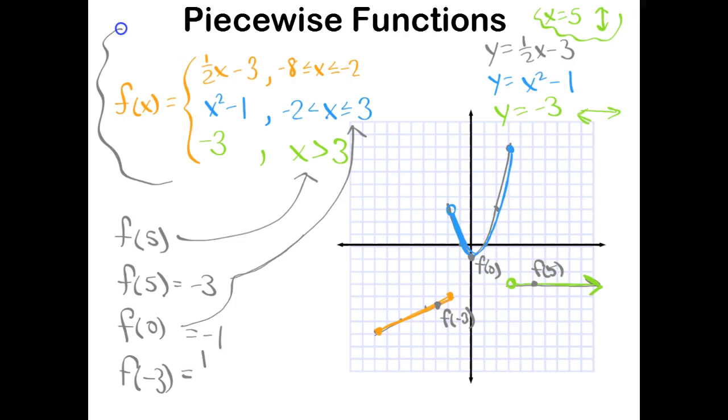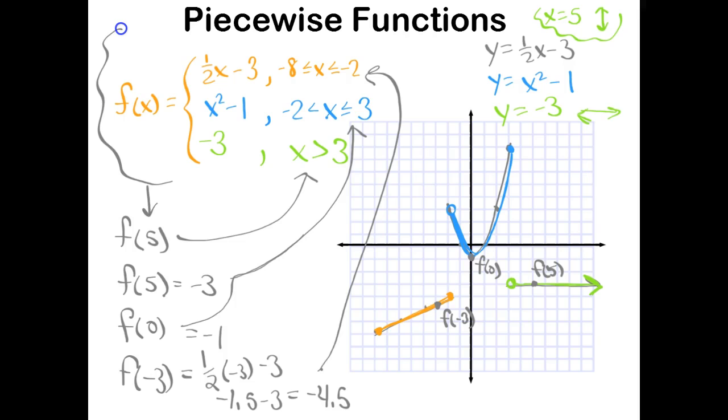So it'd be 1/2 times negative 3 minus 3. Half of negative 3 is negative 1.5 minus 3, and that was right. It's negative 4.5. And that one got plugged into up here.